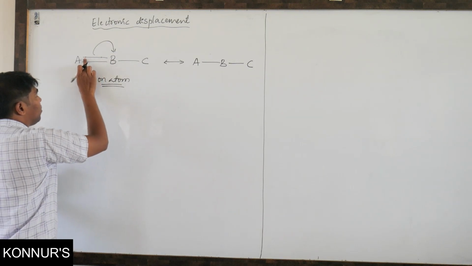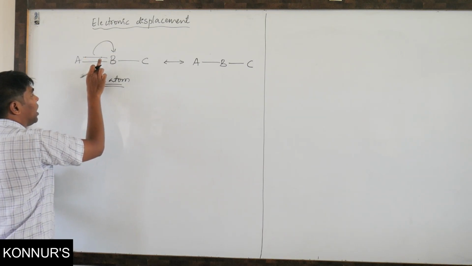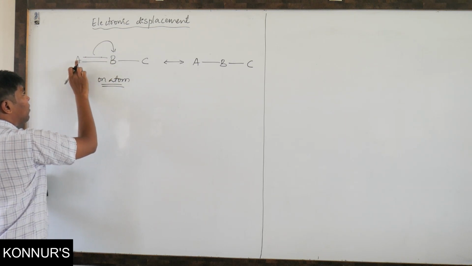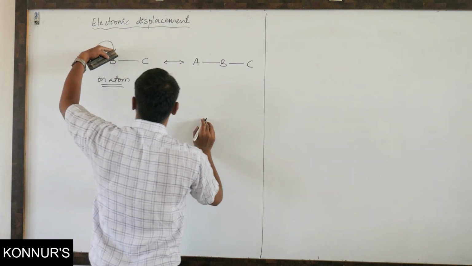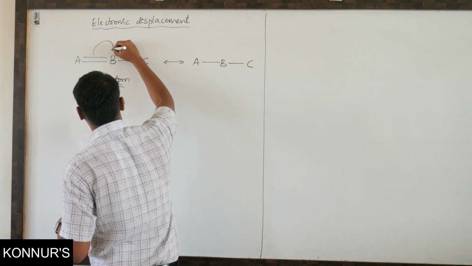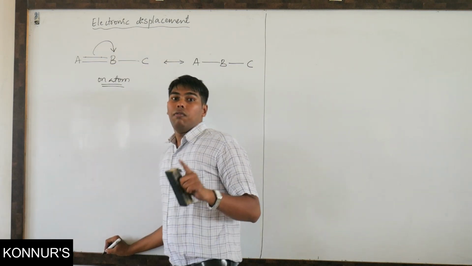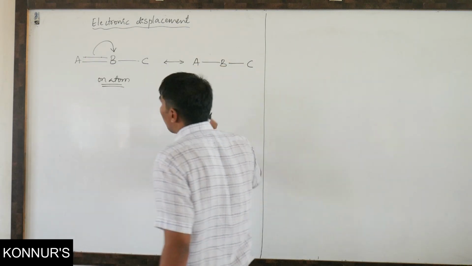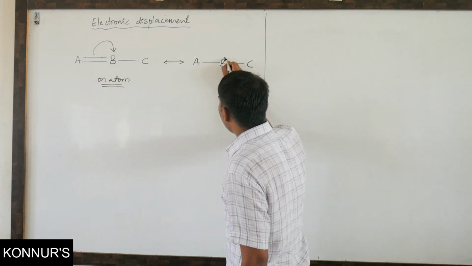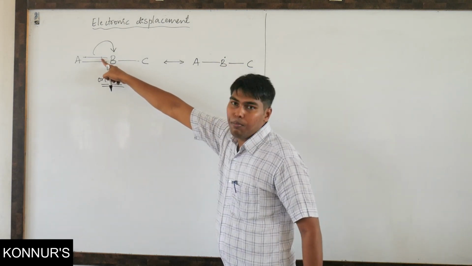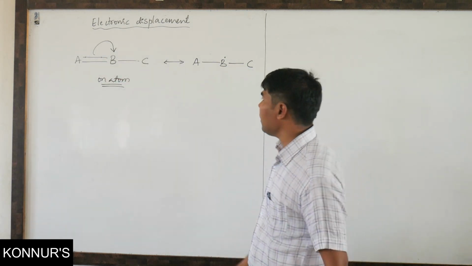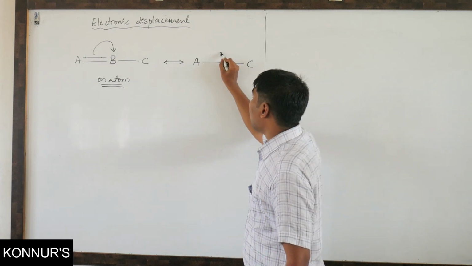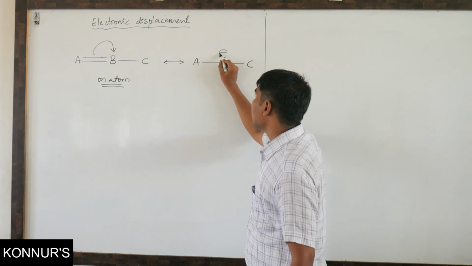These two electrons in this single covalent bond: one electron is of B, one electron is of A. If both the electrons shift, I already told you that the double headed arrow represents two electron displacement. So if these two electrons come on B, one is the electron of B, where there is no change in the sign, and the other is the electron of A, so that one electron is extra and the charge is -1.